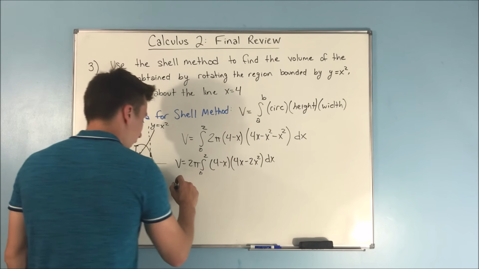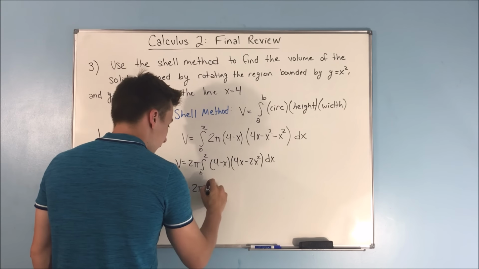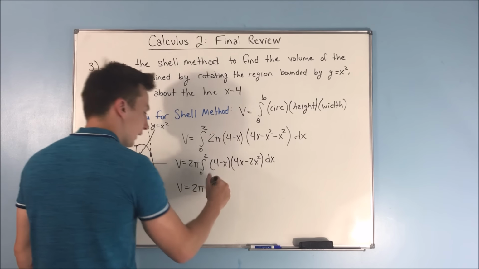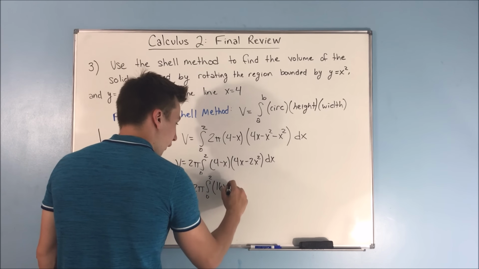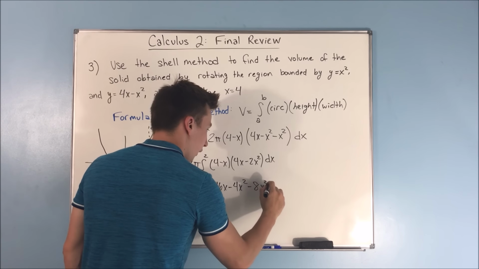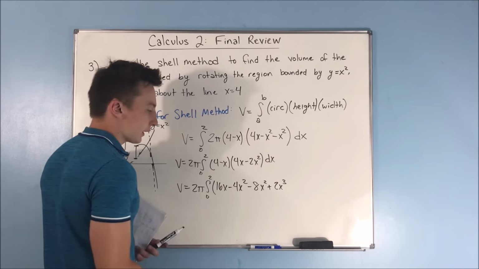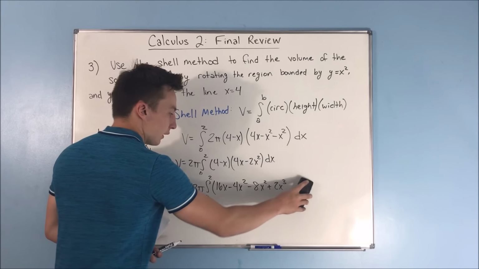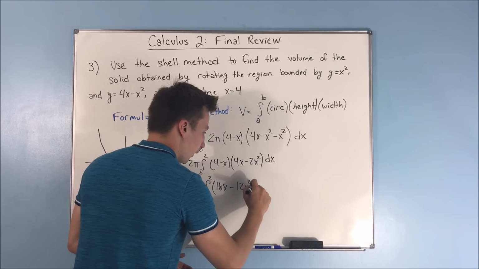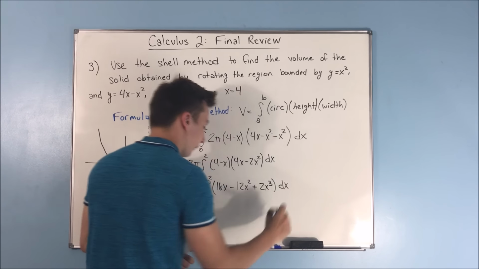Now distributing here, we're going to get that this is the volume of 2 pi, the integral from 0 to 2, of, this will now be a 16x minus a 4x squared minus 8x squared plus 2x cubed. Okay, and of course we'll have a dx on the end, but we can simplify these like terms here to get 16x minus 12x squared plus 2x cubed, and we'll have dx.